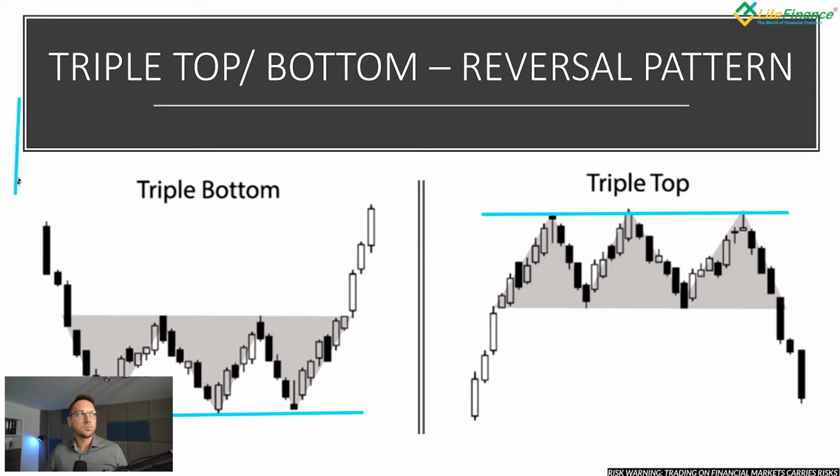After a strong move to the downside, we have the formation of 3 consecutive bottoms, and if we draw the line from the bottoms and from the highs, as you can see over here, we are taking a trade on the breakout through this formation. As for the take profit and stop loss, of course, it depends on the situation.